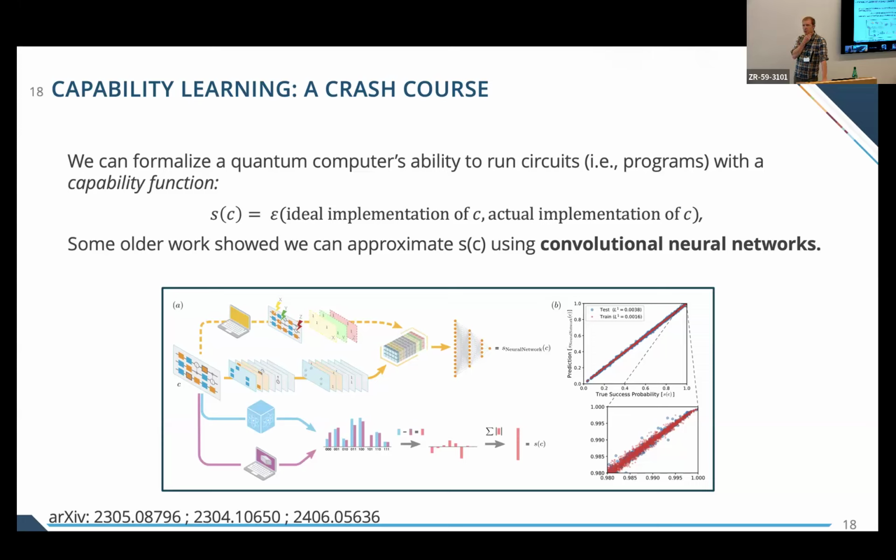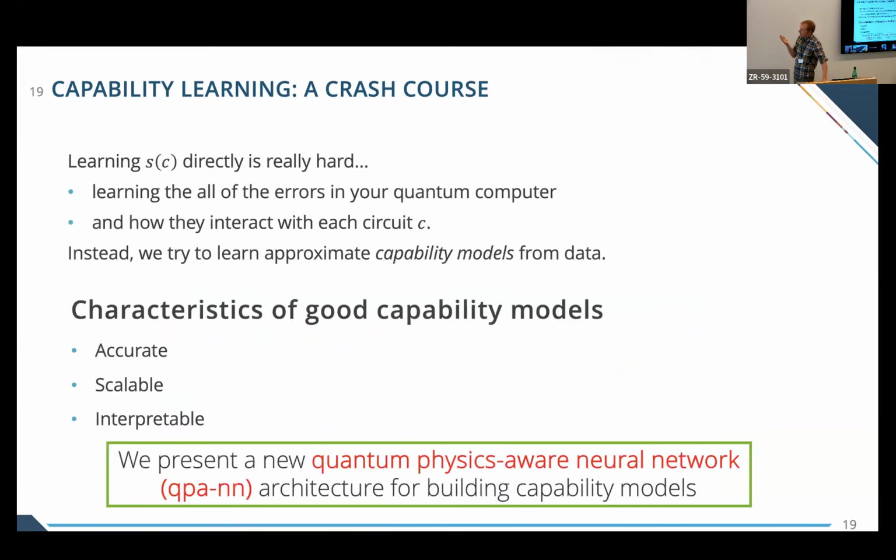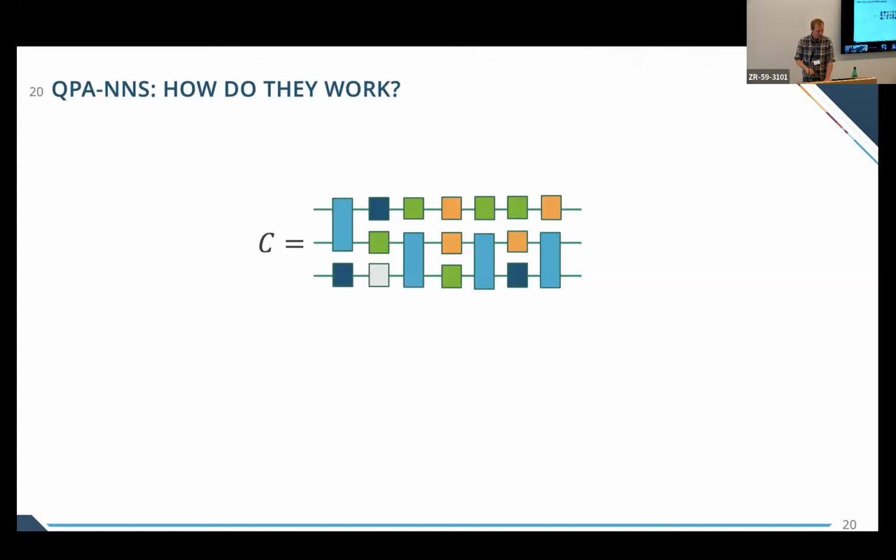So recent work, which I'm going to talk about today, is based on new kinds of neural networks that we call quantum physics aware networks. We know a lot about how errors in these systems operate, and so we wanted to put a little bit of ourselves into the machine.